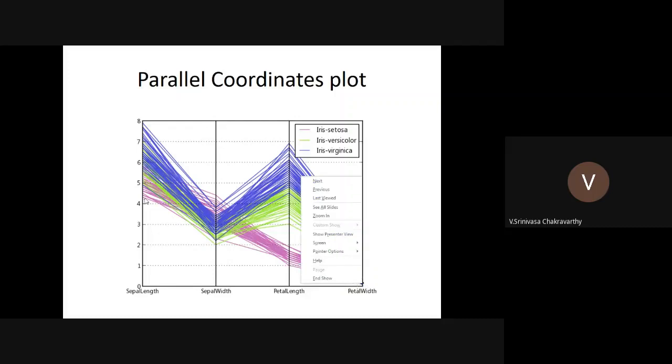Now I connect these 4 dots by these 3 line segments. So this entire line now represents that vector of 4 attributes. It's a strange way of representing, but that is what is called a parallel coordinates plot.